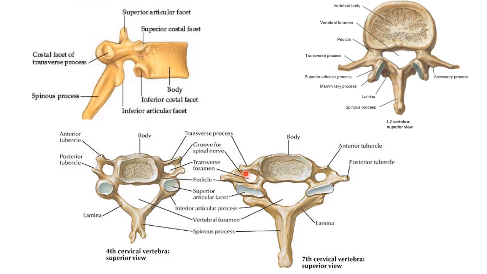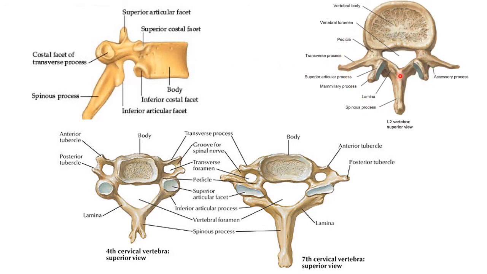The cervical vertebra has foramen transversarium, while the thoracic vertebra has costal facets, and the lumbar vertebra has none of these. Neither does it have a foramen in its transverse process, nor does it have costal facets.